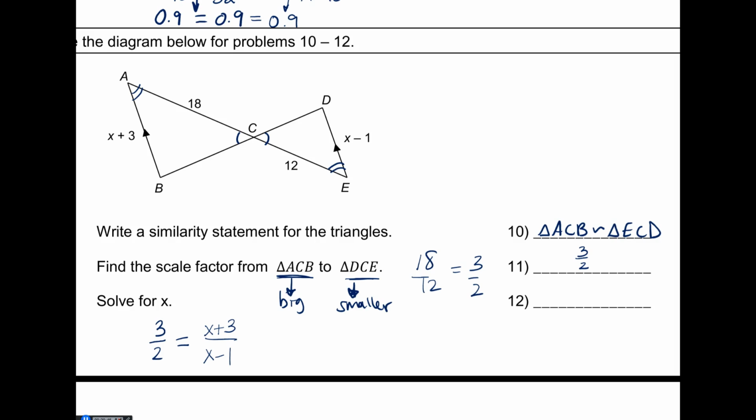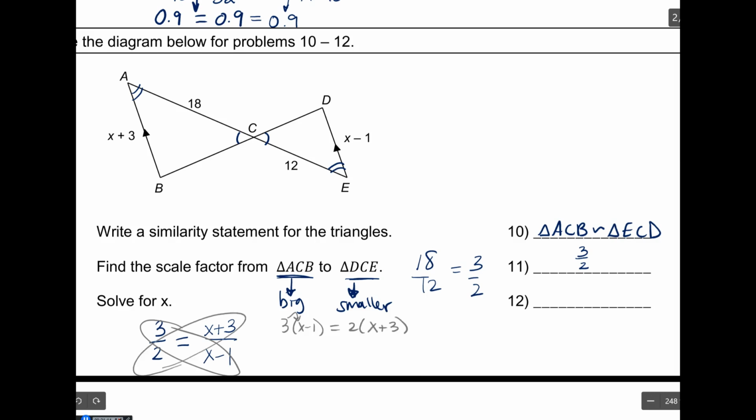Alright, so I'm going to go over it. 3 over 2 is the scale factor, big triangle to small. So I have big over small, 3 over 2, equals the big unknown side, x plus 3, over the small unknown side, x minus 1. Then, as he said, we cross multiply. So 3 times x minus 1 equals 2 times x plus 3.